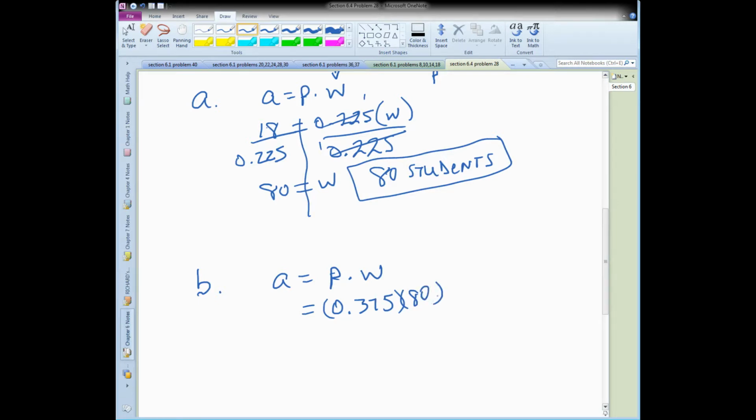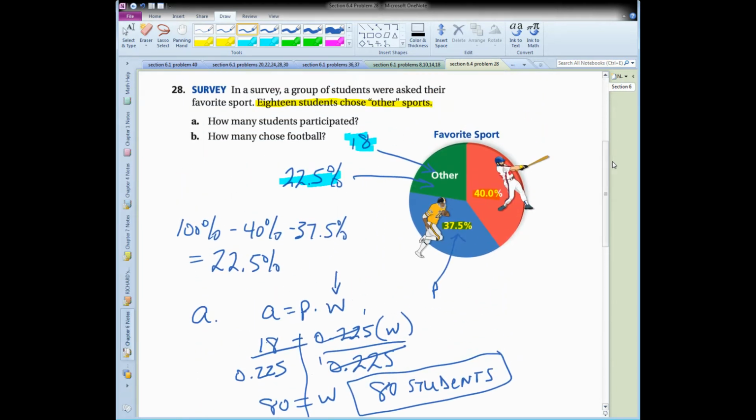So I take 80 times 0.375, put that in my calculator, and the part equals 30 students. So 30 students out of the 80 have football as their favorite sport, and then 32 students like baseball.